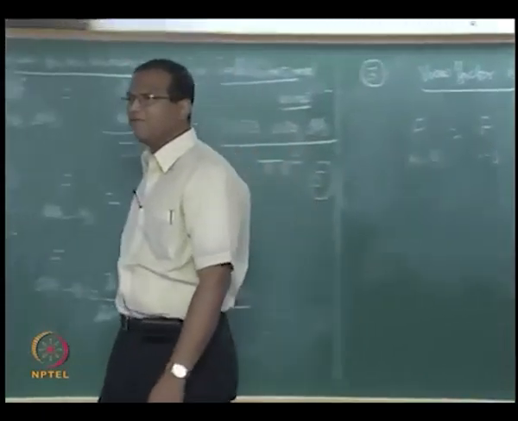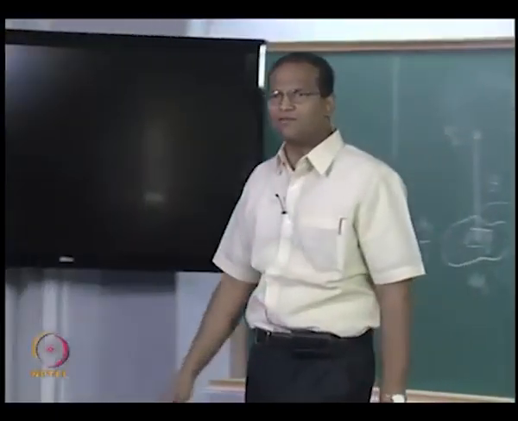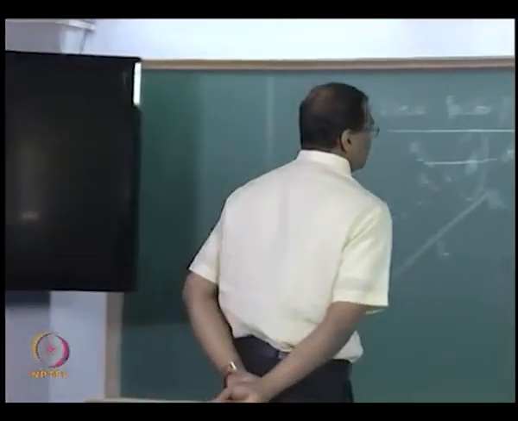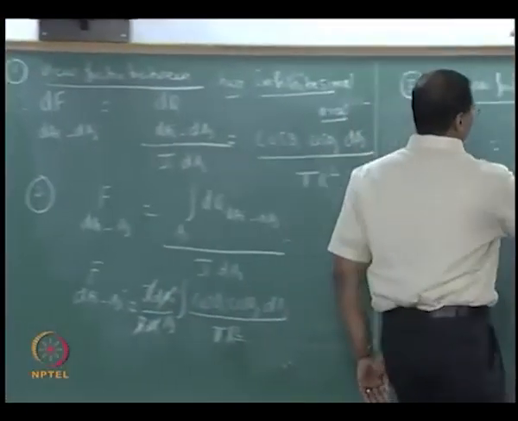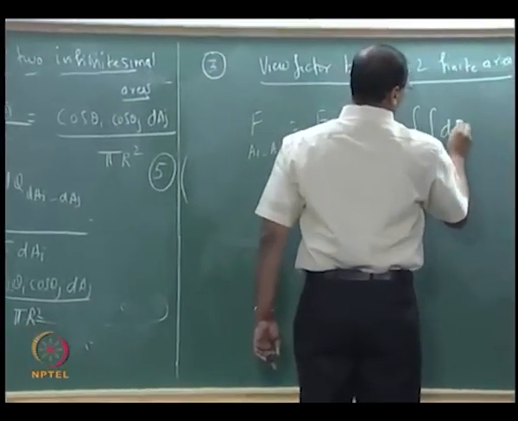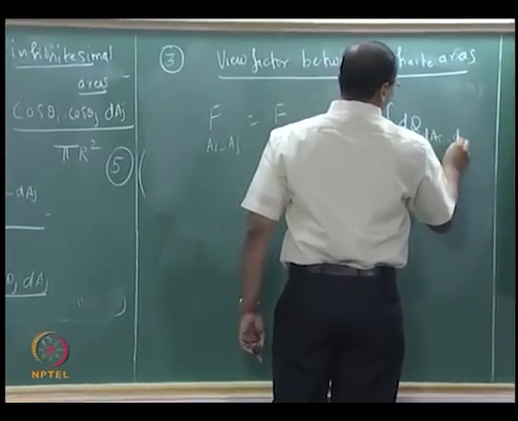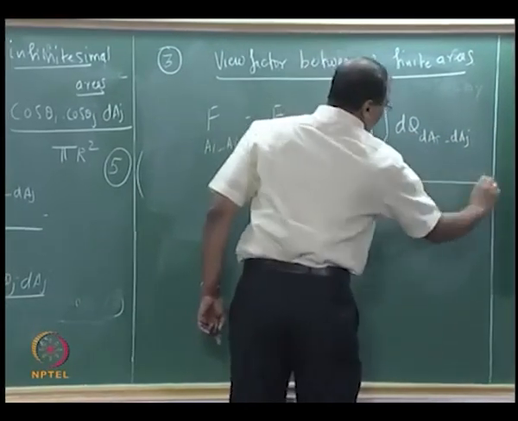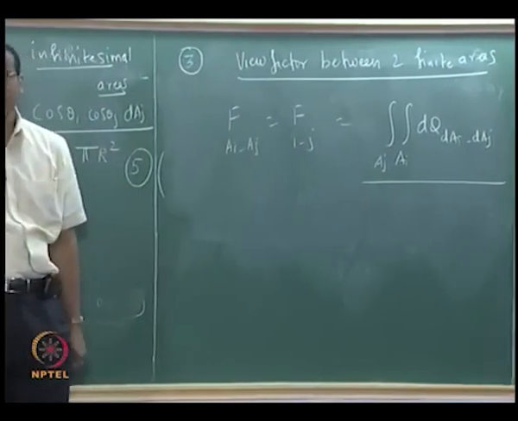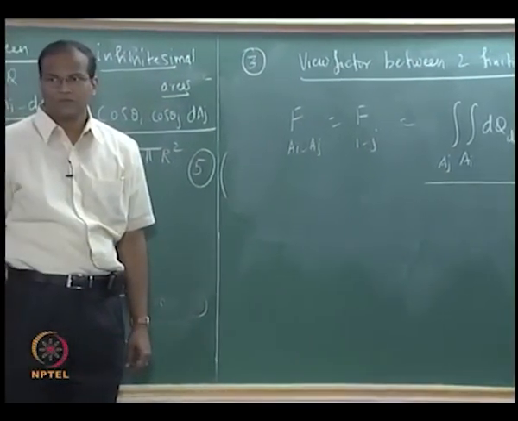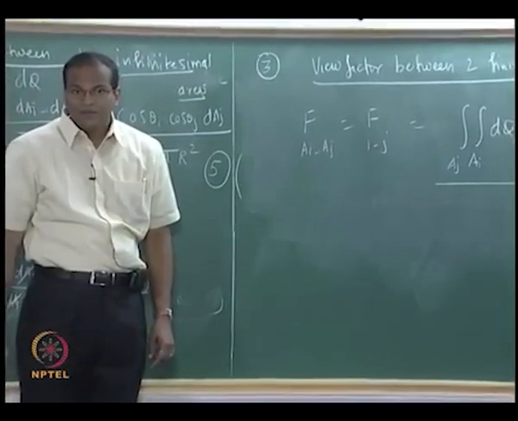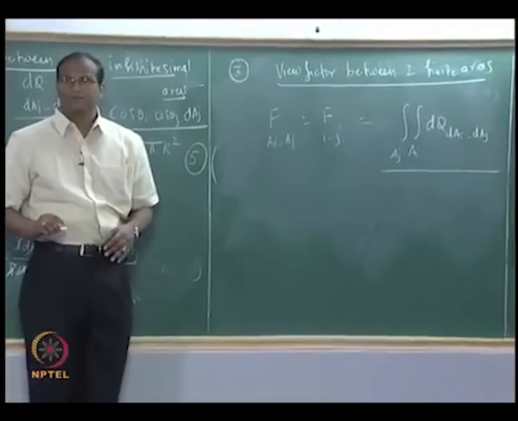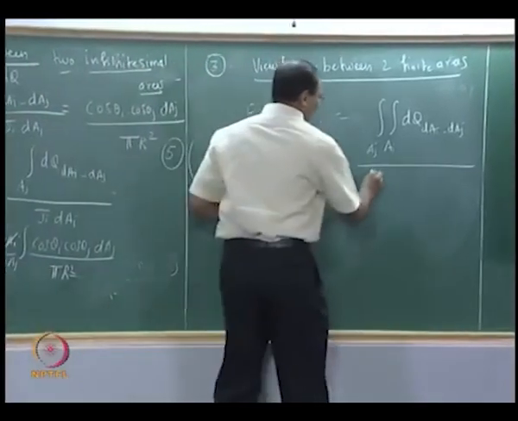Instead of saying each time F of Ai to Aj, I can just say F of i to j. What is that? Divided by integral j, very good, okay, integral.